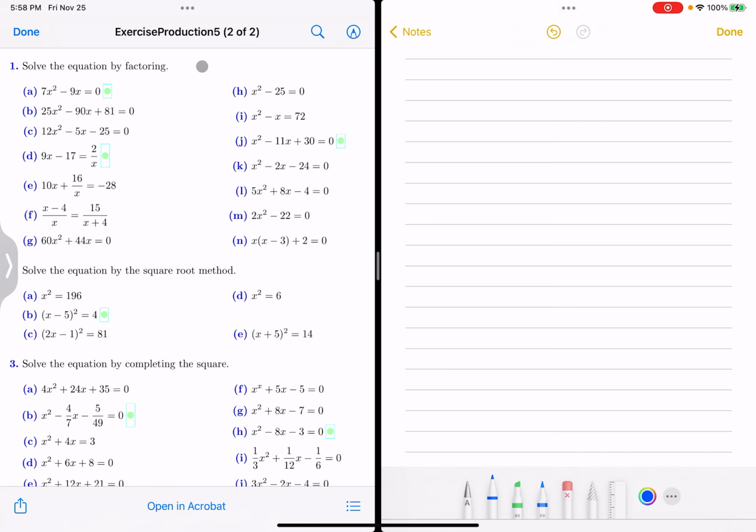Okay. Here we have 7x squared minus 9x equals 0. We can see the exponent here is actually 1. So if we pull x out, then here there is a 7x, where it was 2 and now the exponent is actually 1.